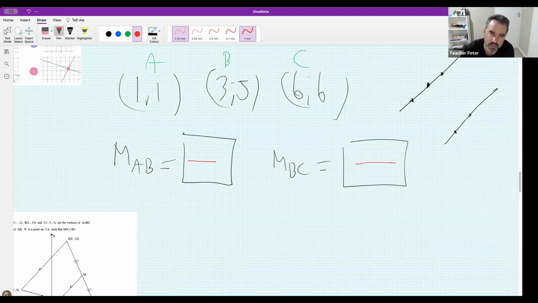So what's the gradient? 5 minus 1 over 3 minus 1. Are these points collinear? Yes or no? I want you to put your answers in the chat.